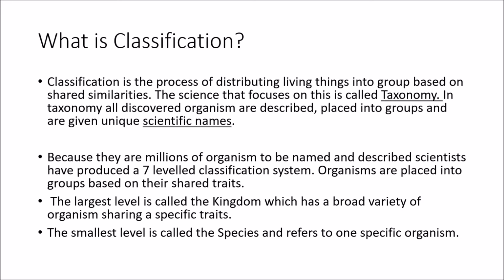So this is why we have 7 different levels of classification, or 8 if you include the domain, which we would have talked about inside class earlier this week. Okay, so as shown earlier, the largest level is called the kingdom. And this level is going to have a broad variety of organisms sharing a specific trait.